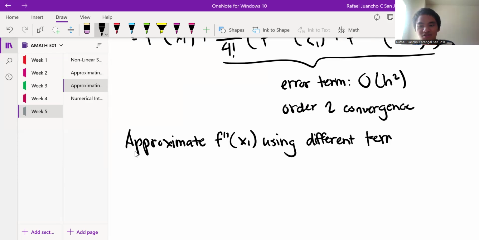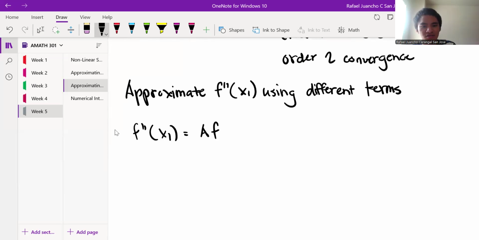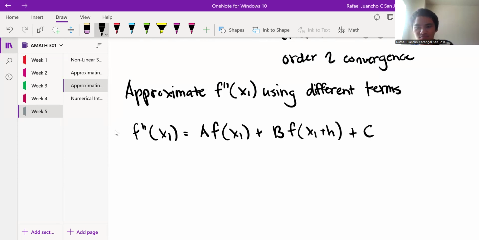Here I'm just touching the surface level of what these are. So let's say we have different terms: f double prime is some constant a times f at x1, then some other constant times f at x1 plus h, then some other constant times f at x1 plus 2h.